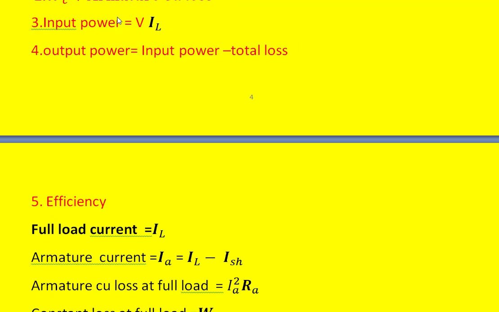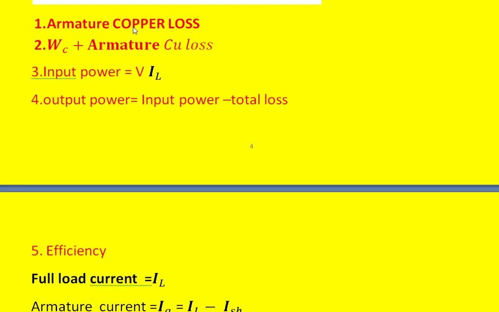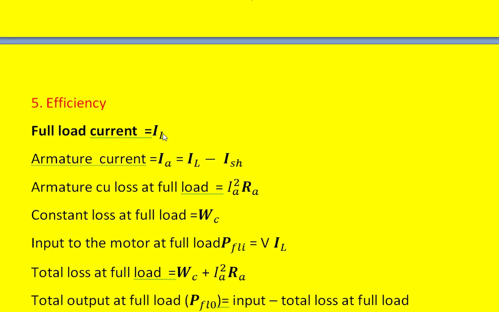Once we know the input power and the output power, we can calculate the efficiency. So these are the 5 steps to be followed to calculate the efficiency of the DC machine when it acts as a motor.